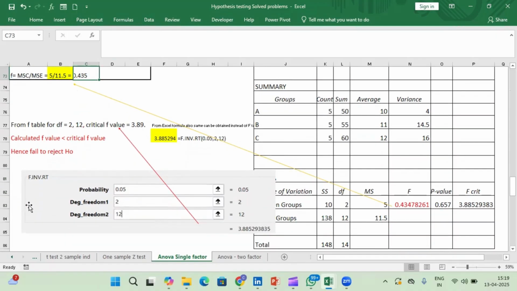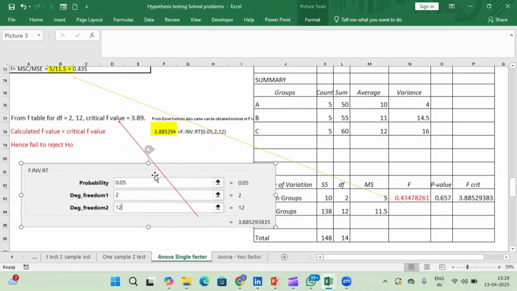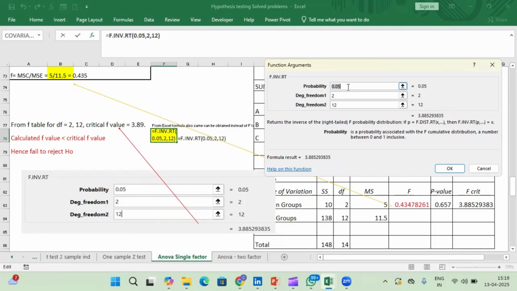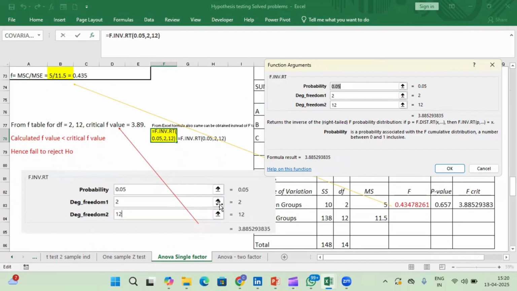The critical value is given by the formula or by the F table. Here, the formula F.INV.RT, 0.05 is the probability, degrees of freedom 2 and 12, which we have calculated. And for that, it comes to 3.88.